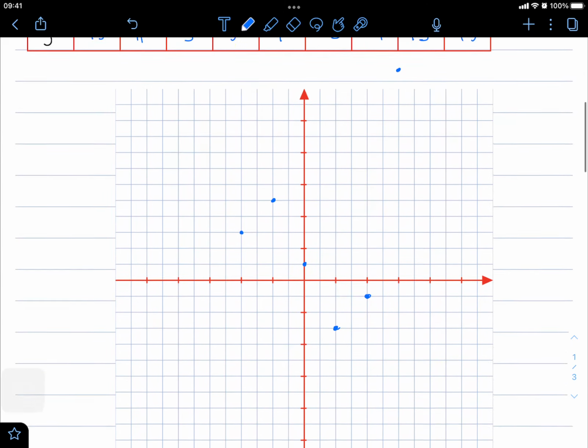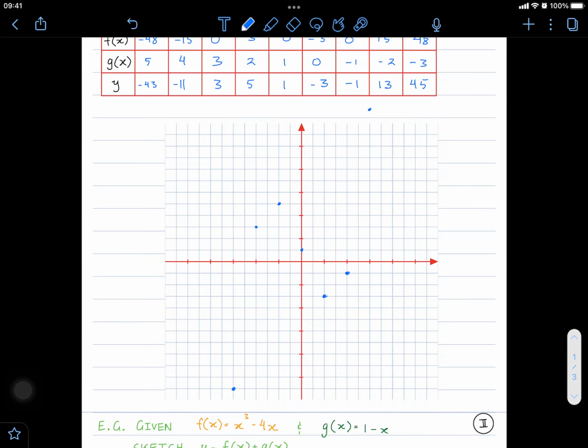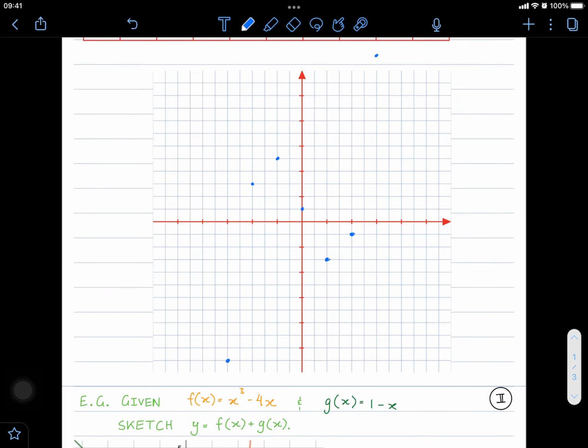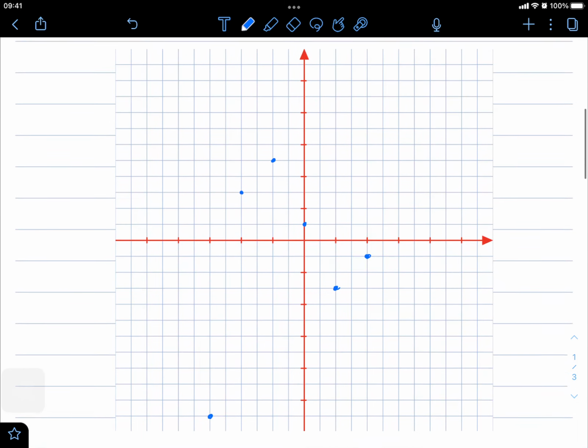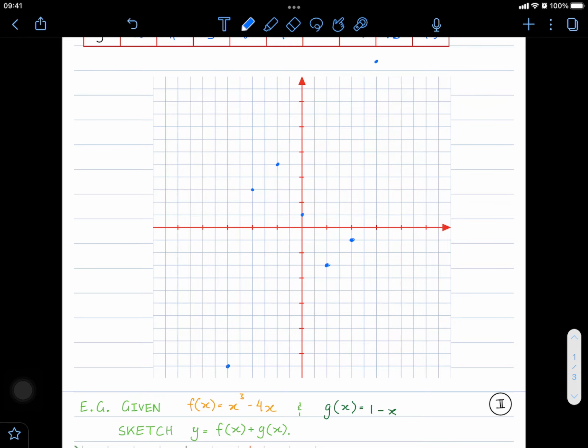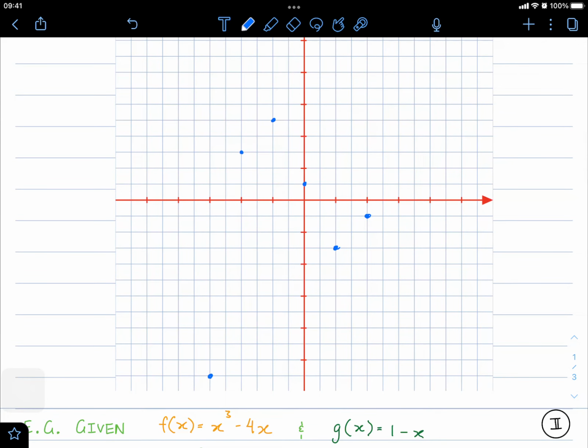Now, from these points, I hope you can visualize a cubic being drawn here. It doesn't have to be 100% accurate because we actually can't determine where the turning points are. But if we were to sketch it, I'm going to do it freehand here. Obviously, for you guys, you'd be using a pencil. That's a bit too steep.